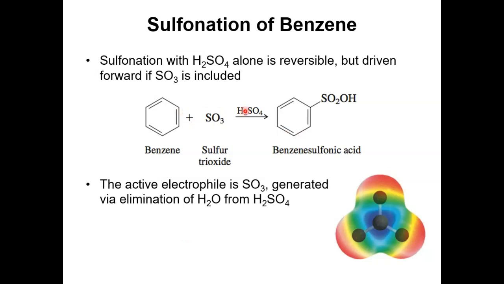Sulfonation reaction is basically benzene reacting with sulfuric acid. This has been experimentally confirmed by the fact that if you add SO3, sulfur trioxide, into sulfuric acid, then you can substantially speed up the sulfonation reaction. And the solution of SO3 in sulfuric acid is called fuming sulfuric acid.